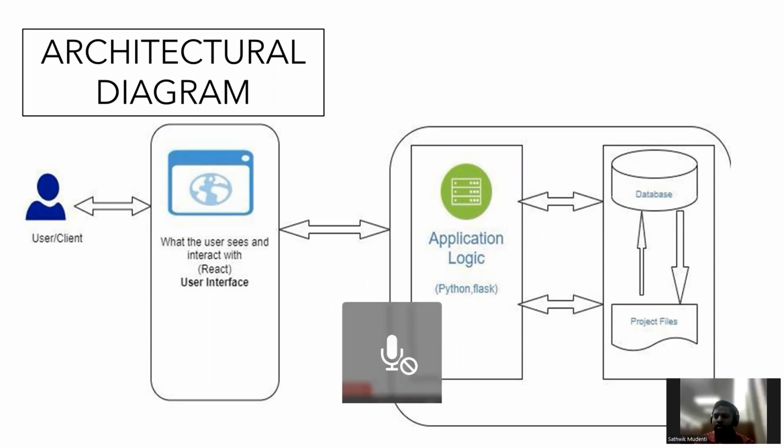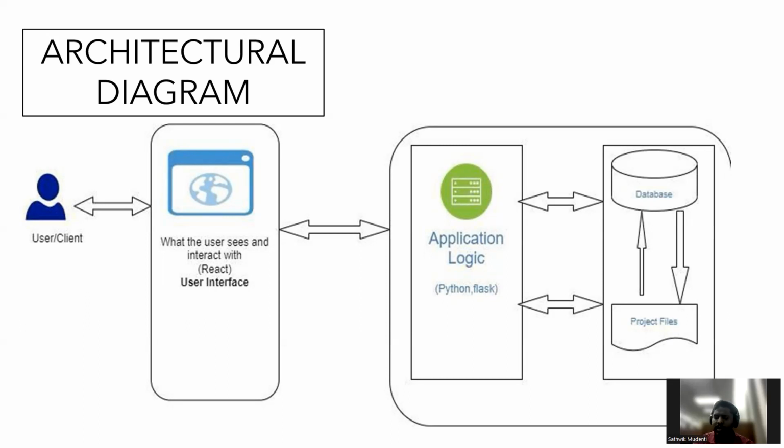Thank you, Mansa. So this is our architectural diagram for the whole application. In this, the front end is developed using React. Basically, our React is used to accept HTTP requests and give out HTTP responses.